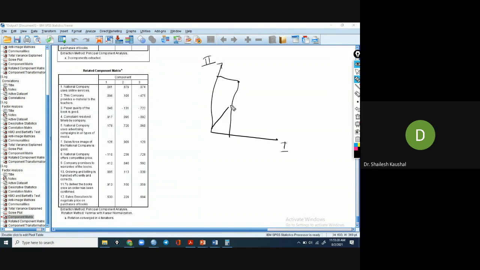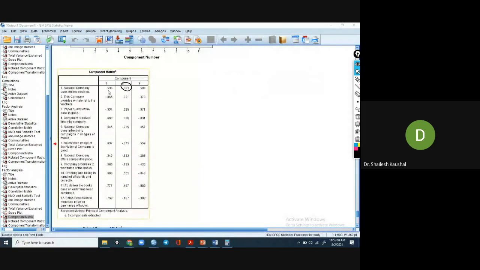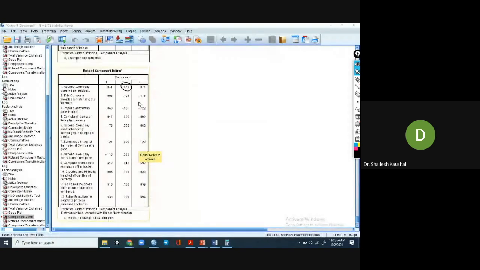But after rotation, we can see its high value only in the second component. Earlier, without rotation, this variable was giving a high value in component 1 and in component 3. But after using the rotation matrix, it is giving a high value in only 1 factor, which is desirable.